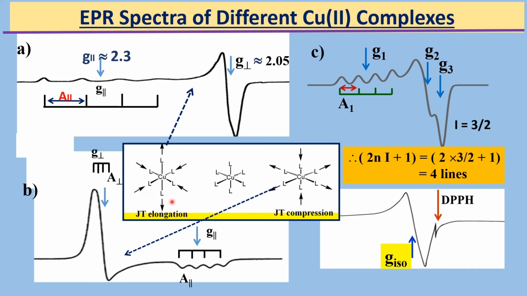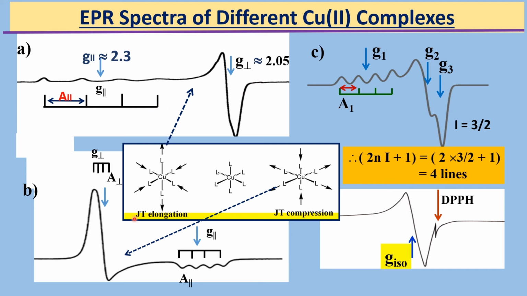Here the copper complex is JT active, undergoing strong Jahn-Teller distortion. The axial bonds are elongated and the equatorial bonds are compressed, and if the g parallel value is greater than g perpendicular, then it is a tetragonally elongated copper complex.